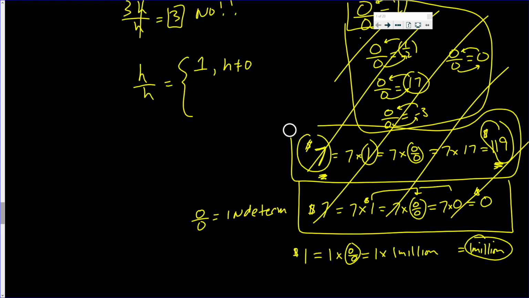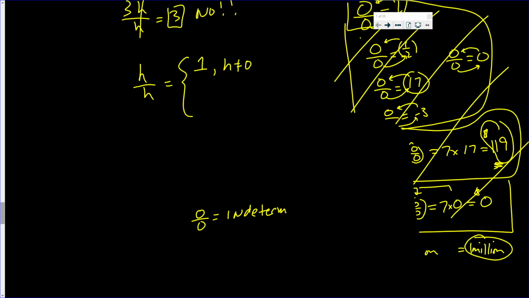In calculus, you'll see it a lot more, and you can actually determine what it is. It's indeterminate. Sometimes 0 over 0 is 1. Sometimes it's 17. Sometimes it's negative infinity. Sometimes it's positive infinity. Sometimes it doesn't exist. Sometimes it's 0.